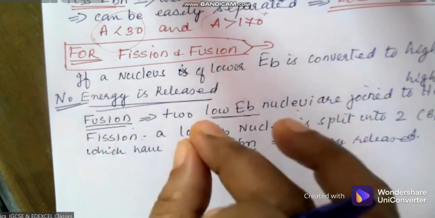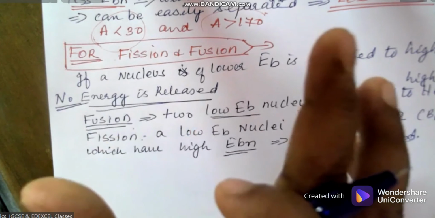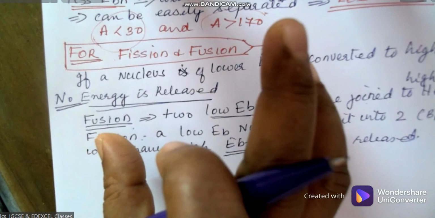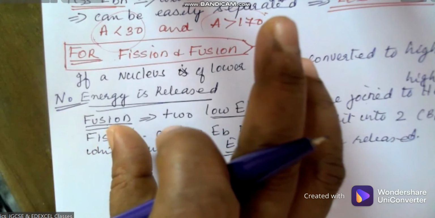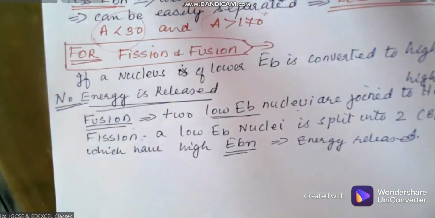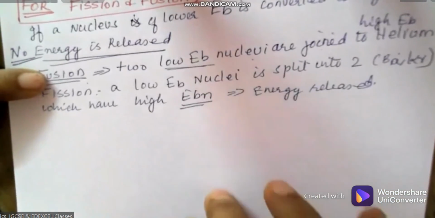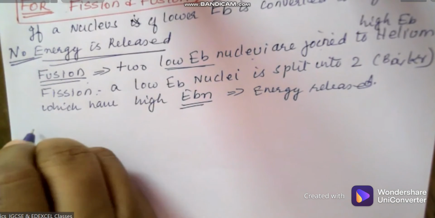When you join them, you get a bigger element, helium, which also has higher binding energy per nucleon. Is this understood? Now let's learn in detail about fission, then later fusion. Fission you might have learned already, so I can go fast.